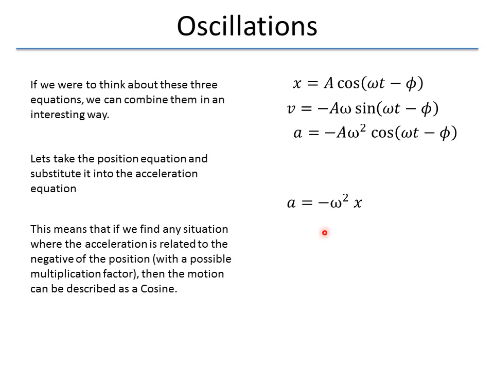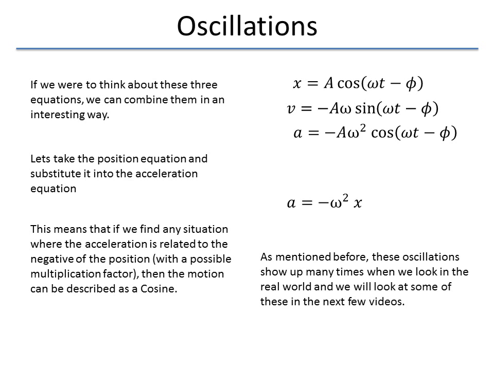Every one of these systems is going to have the same general thing where we have the acceleration, which is the second derivative of the position as a function of time. If it is related to the opposite of the position itself, then we get what's called harmonic oscillation, or just general simple harmonic oscillators.